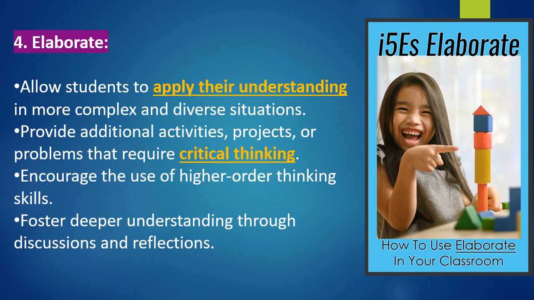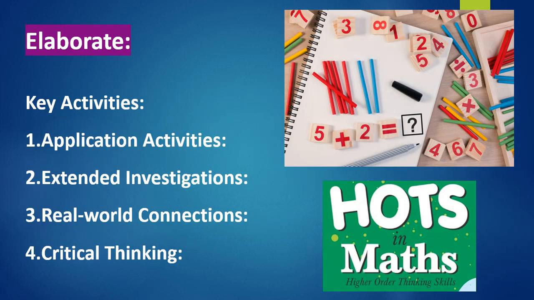And after that, one question will be given so that the student will understand and apply their understanding, and that is called elaborate. And finally, some key contents are application activities, extended investigations, and real world connections. Critical thinking questions are given, which we call higher order thinking skills in mathematics.